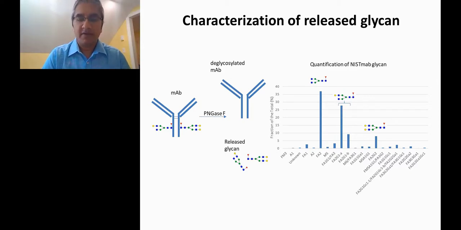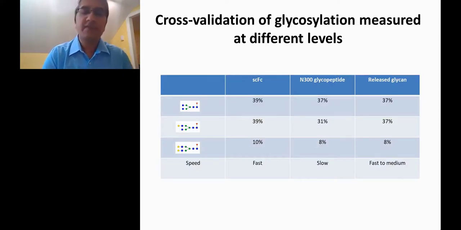What we are in the process of doing is developing these correlative measurements, where we rank order these glycoforms and see whether their relative rank ordering is maintained at the level of the intact structure, the glycopeptide, and the released glycans. That gives confidence in the distribution of the glycoforms, from the most abundant species to the lowest abundant species.